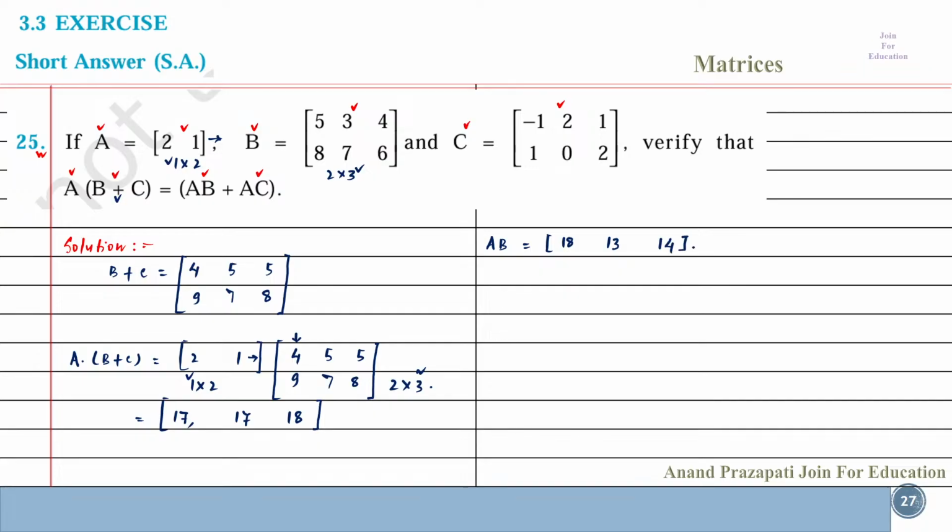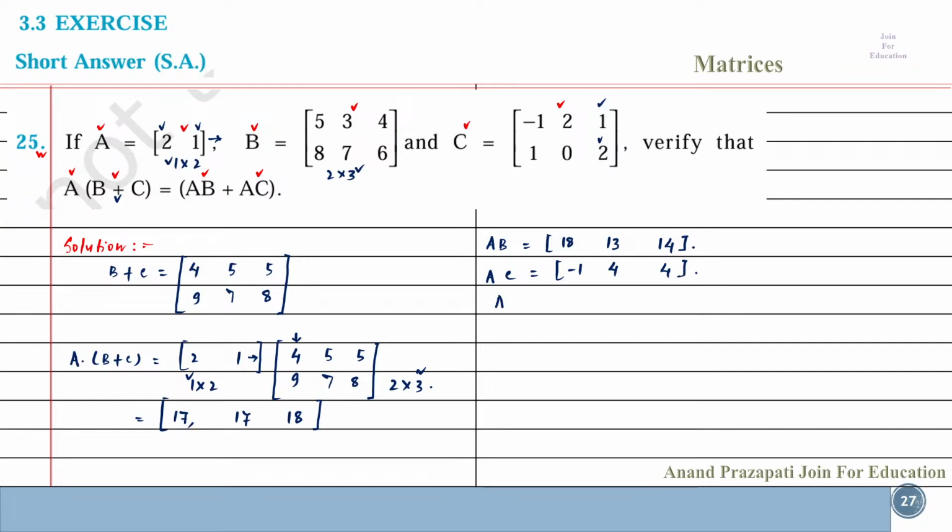This is the AB, and we find out AC. AC will be 2 into minus 1 equal to minus 2 plus 1 equal to minus 1, and 2 into 2 equal to 4, and 1 into 0 equal to 0, so 4 plus 0 equal to 4, and 2 into 1 equal to 2, and 1 into 2 equal to 2, so here will be 4.